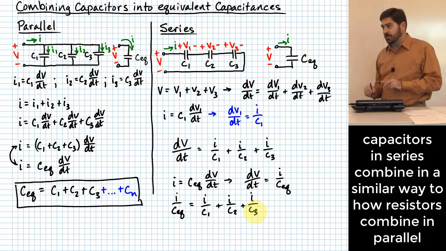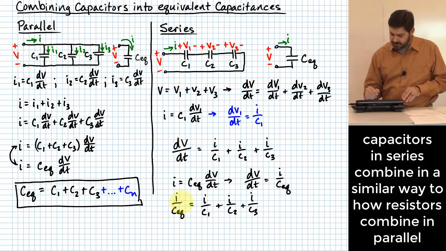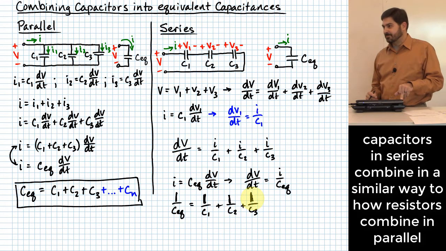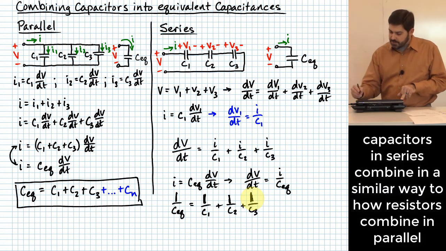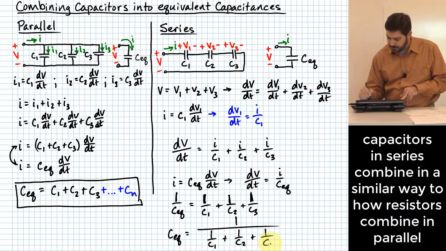But what can I do with all those I's? Okay, if I divide through by I, then these do just become 1. That make sense? And once I do that, I can rearrange it one more time if I care to and say that 1 over CEQ is just going to be equal to 1 over C1 plus 1 over C2 plus 1 over C3.